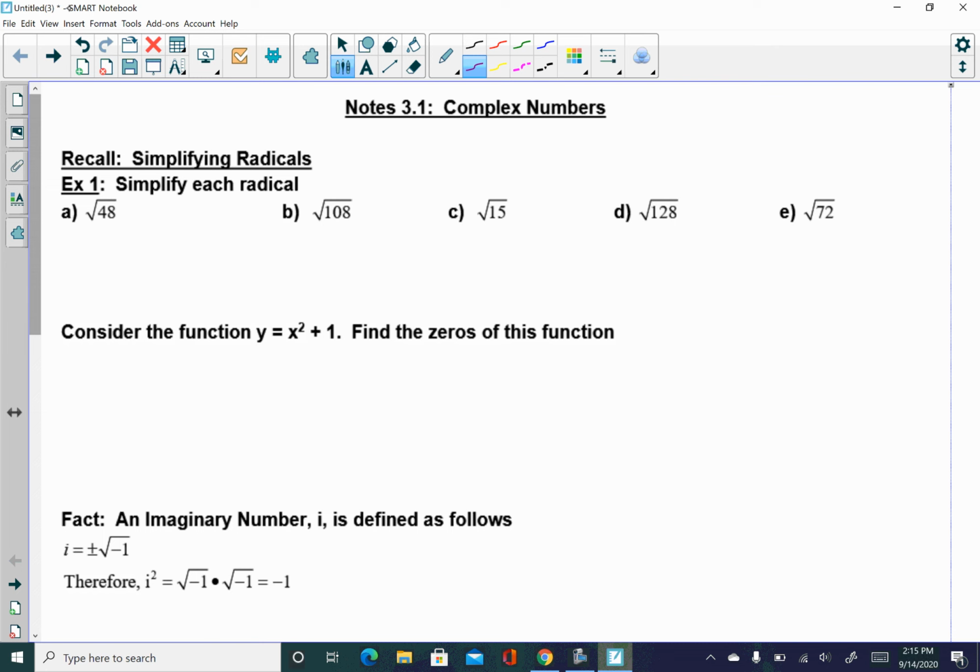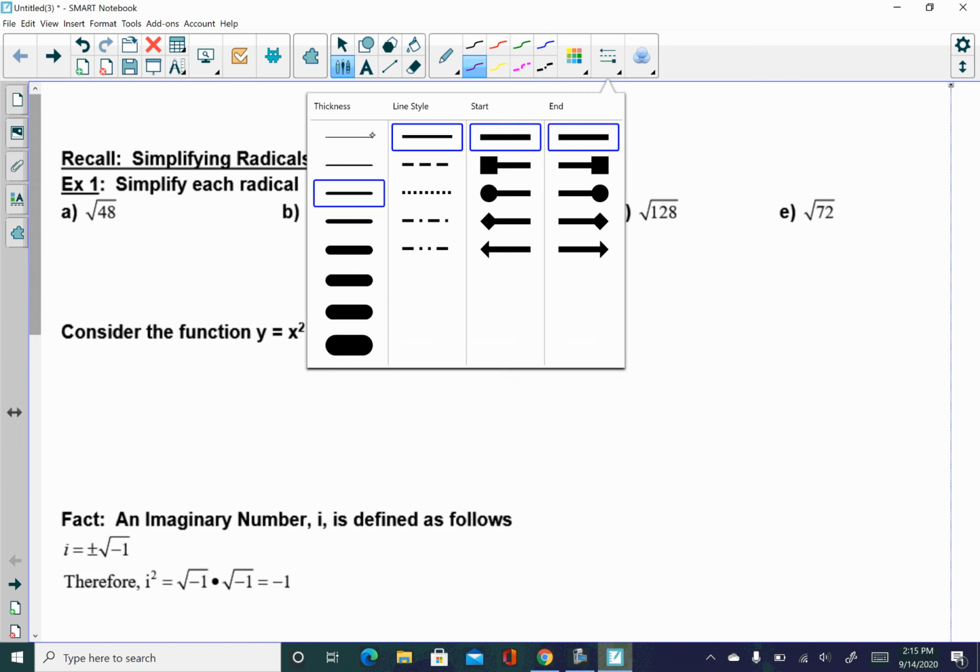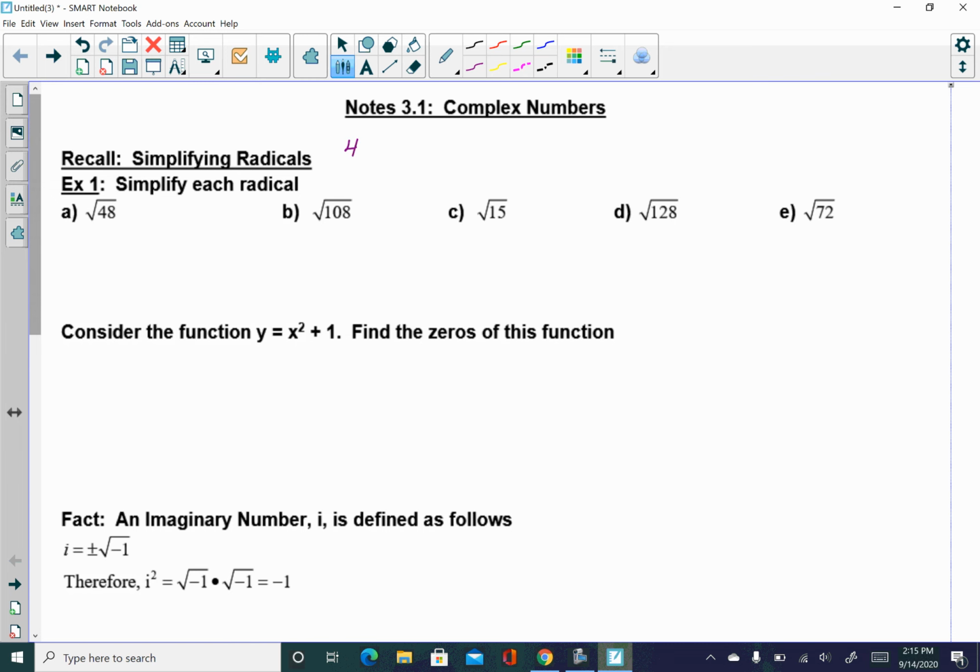You'll be simplifying radicals with complex numbers. So at the top here I gave us another opportunity to remember how to simplify radicals before we go to complex numbers. If you recall from Unit 1, when we were simplifying radicals, we always kept in mind our perfect squares: 4, 9, 16, 25, 36, 49, and so on.